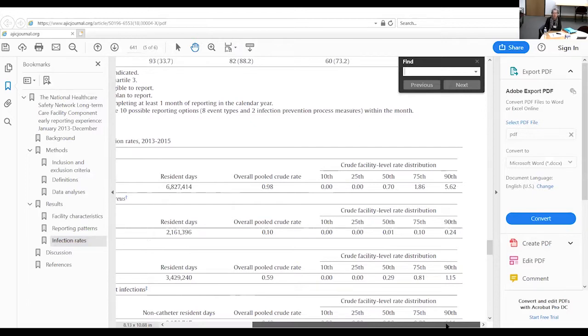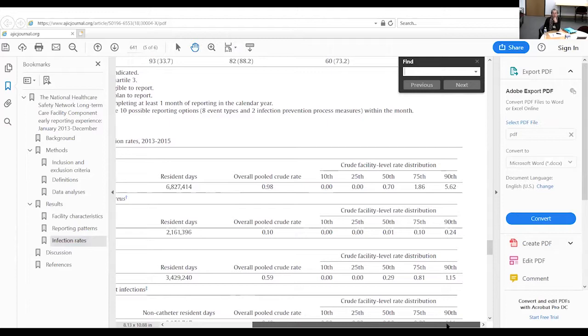So that's a huge range. So the median, a lot of them were reporting 0, okay? So the median is the 50th percentile. So half of the facilities are below that and half are above. So half of the facilities are really reporting 0. And then the others are reporting up to 5. So that's a big range of rates.